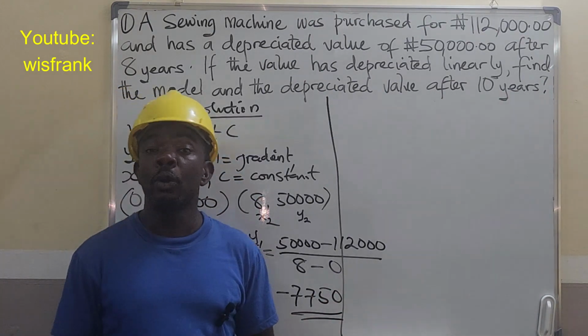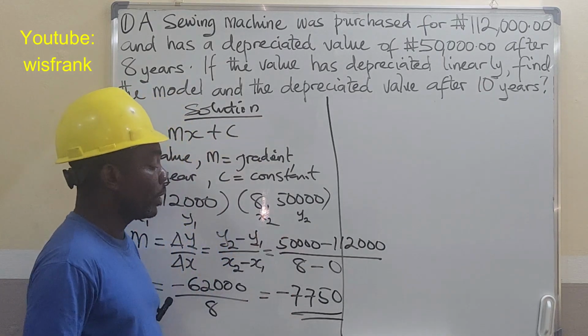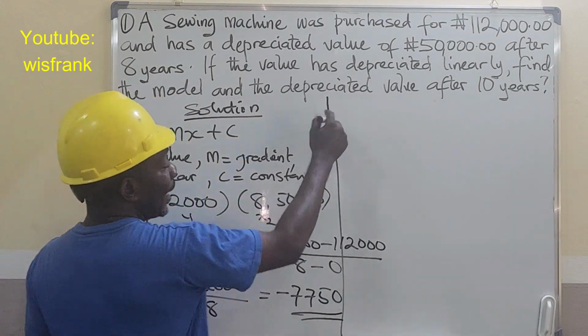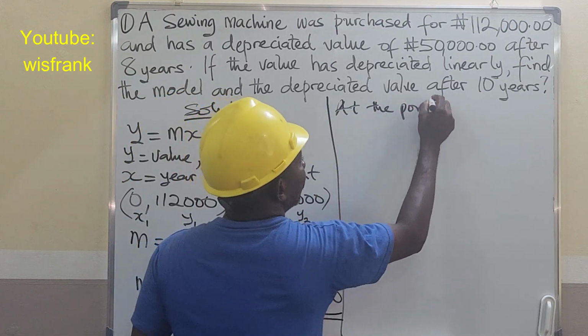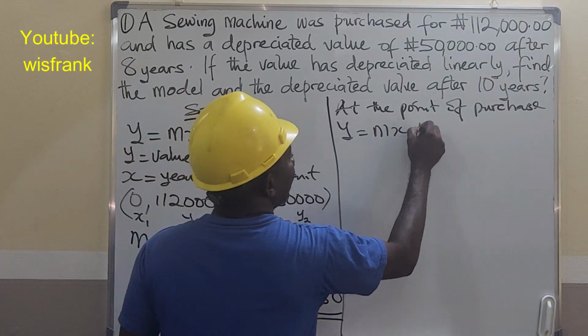Have we gotten that? We are going to go ahead and look for the value of our c, which is the constant. At the point of purchase, y equals mx plus c.